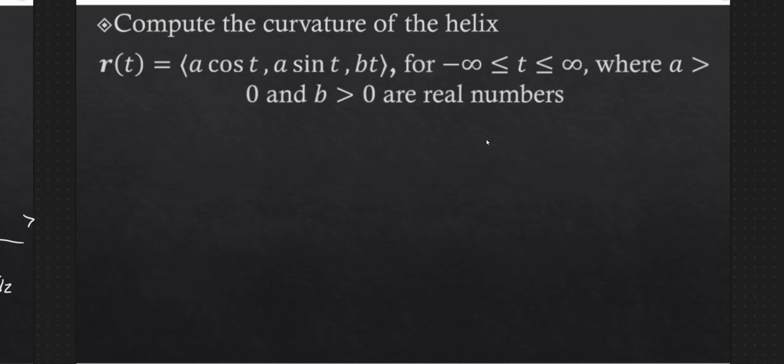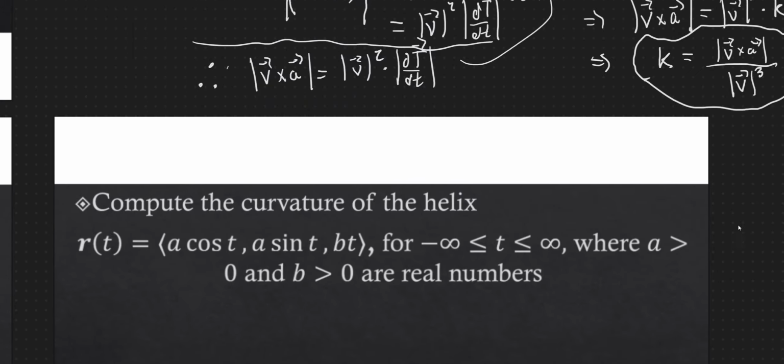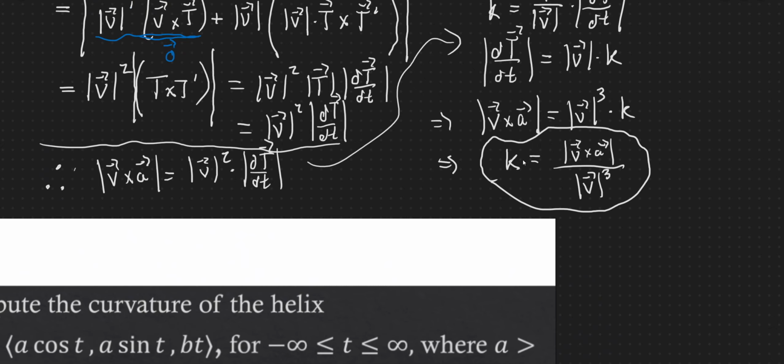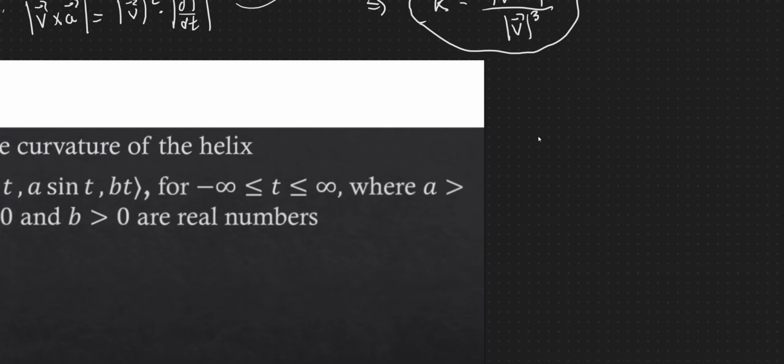And now we'll go ahead and calculate the curvature of the helix. So we now have 2 formulas for curvature. One, we can use this handy formula we came up with here, so long as our velocity and acceleration are nowhere 0. Or we can always go back to, remember that curvature is 1 over v times the magnitude of dT/dt.